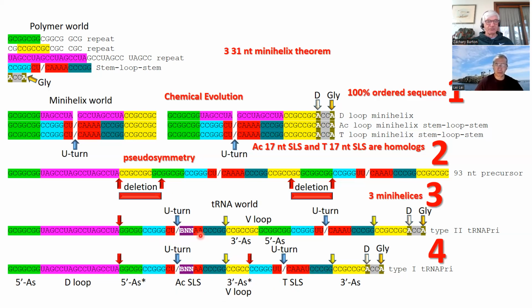And this stem loop stem and that stem loop stem are also clearly related genetically. Initially, they were identical. The only ambiguity is what this particular loop sequence might have been. The stem sequences are known with certainty, as are all of the repeat sequences in mini helix world as we've drawn it here.